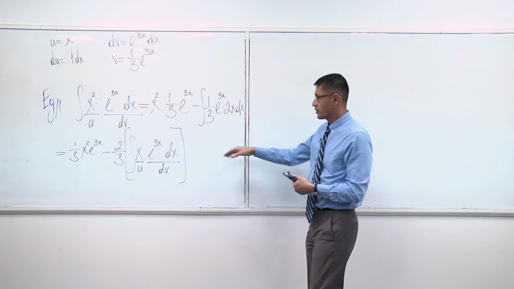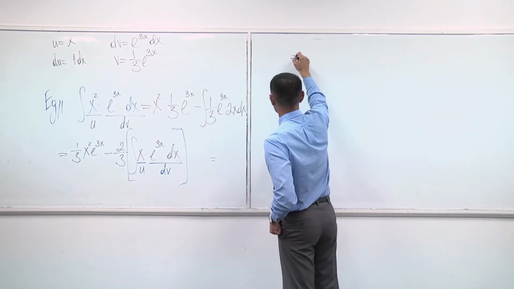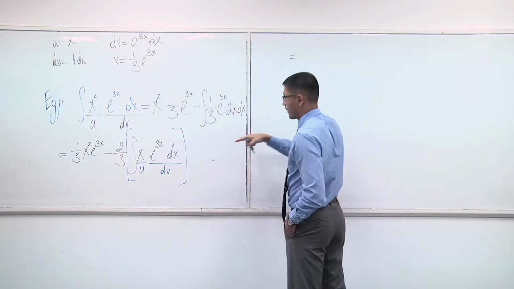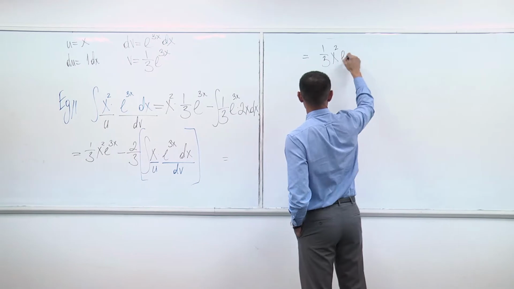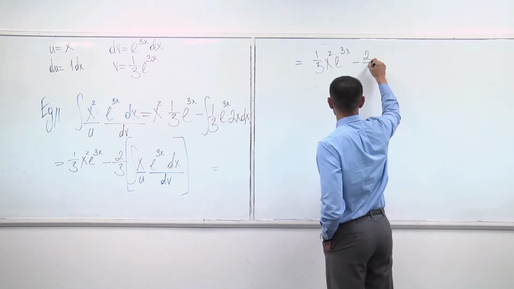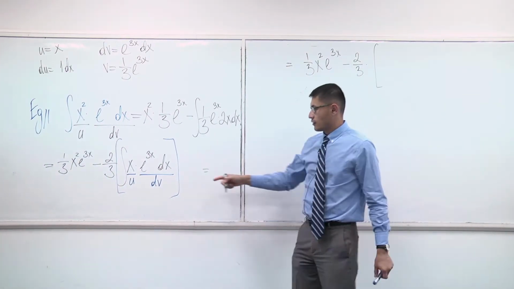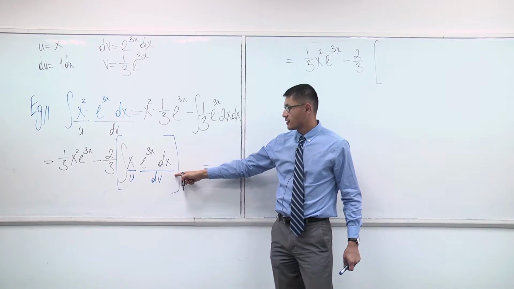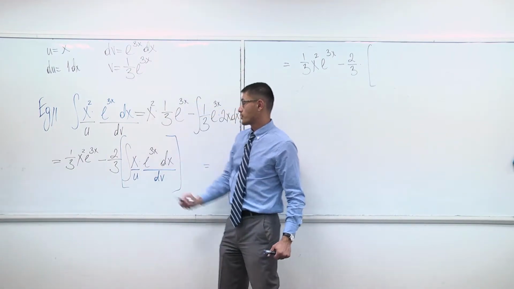So let's continue with this example. I'm going to continue with the equal sign here. What we have here is 1 over 3 x squared e to the 3x in the beginning minus 2 over 3. And now the integral inside the brackets, I will calculate using the integration by parts formula with these four terms.